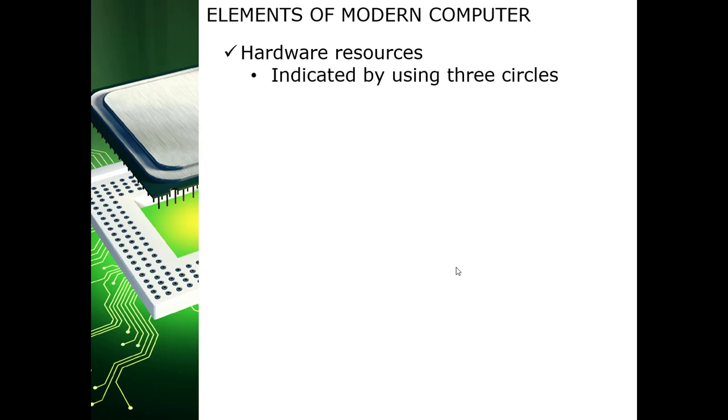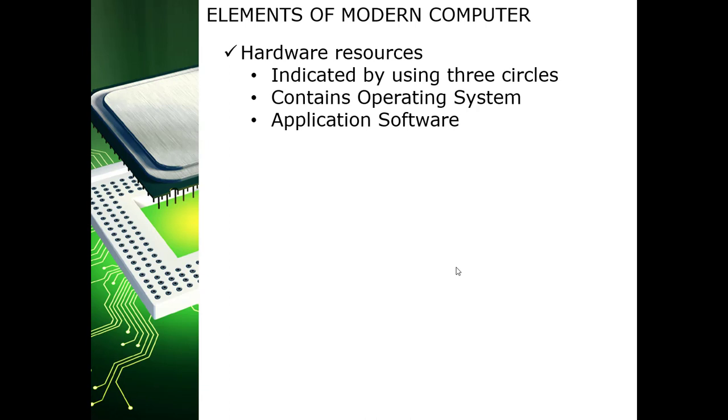That means hardware resources. As I already told you, the hardware resources are indicated using three circles: the operating system, the application software, and the innermost one, the hardware resources. So what are the hardware resources? Standard hardware resources within a computer are the CPU, central processing unit, input output, that means IO, and the memory.